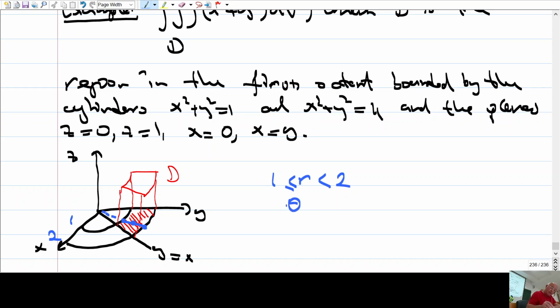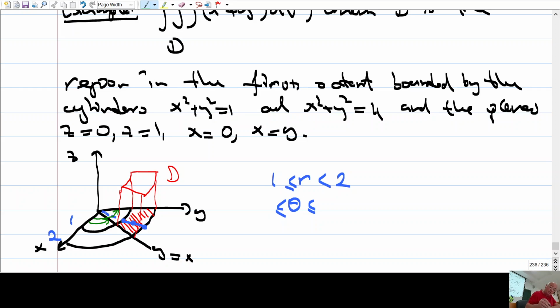What about theta? Theta is the angle measured from the positive x-axis. Theta is ranging from this angle up to this angle.